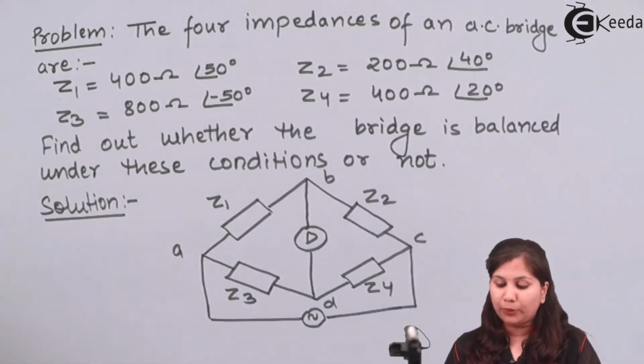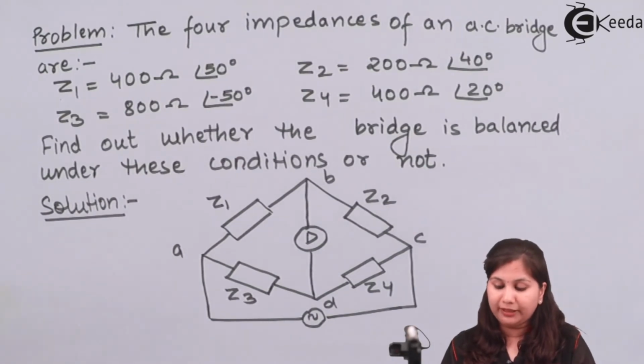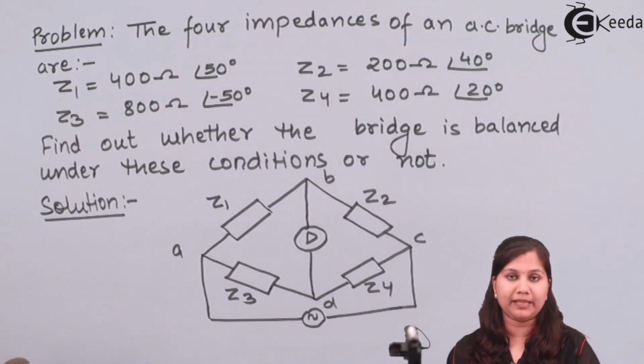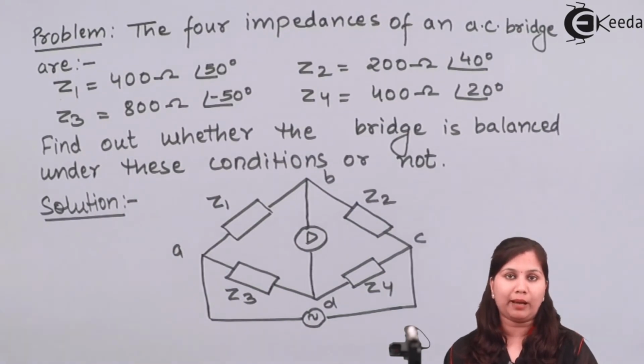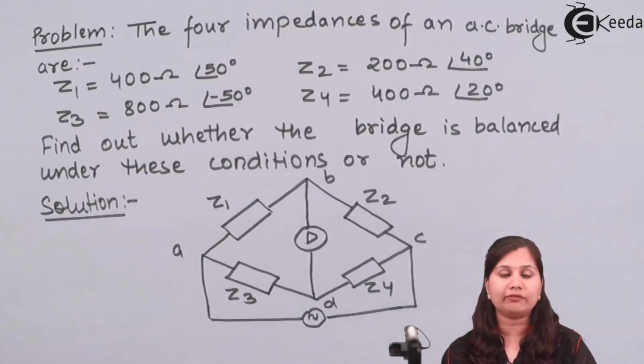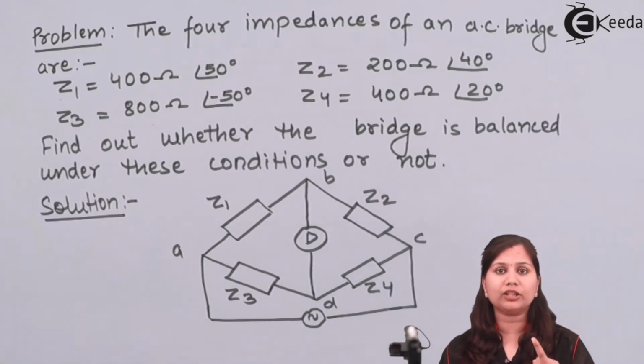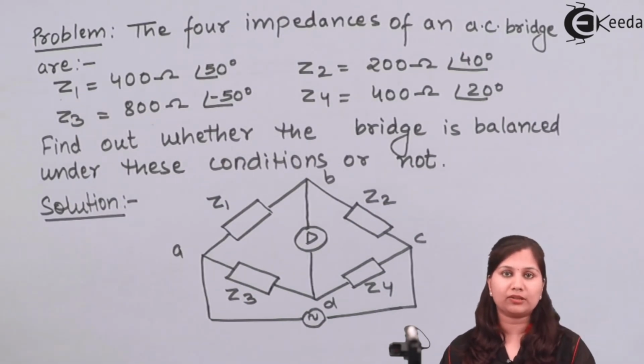In this way, for any bridge, if we are given the values of the four impedances, we can easily find out whether the bridge is balanced by checking the two balance equations. If the equations are satisfied, then the bridge is balanced. If the equations are not satisfied, then the bridge is not balanced. If any one of the equations is not satisfied, then also the bridge is not balanced.